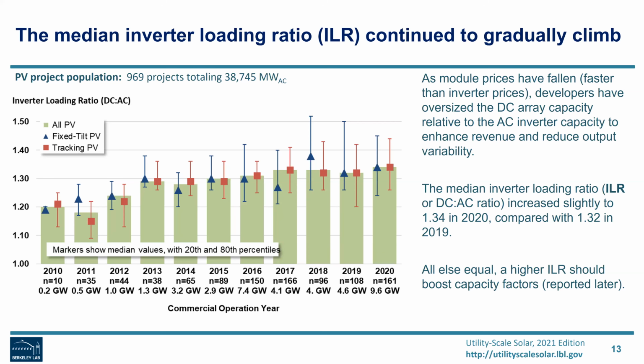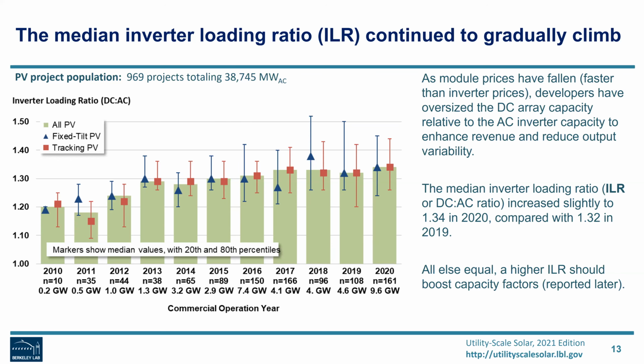As module prices have come down over the years, we have seen a slow trend to increase the array module DC capacity relative to the inverter AC capacity. The ratio of the two is called the inverter loading ratio, or ILR. A higher ILR can increase the utilization factor of the inverter and can reduce output variability.